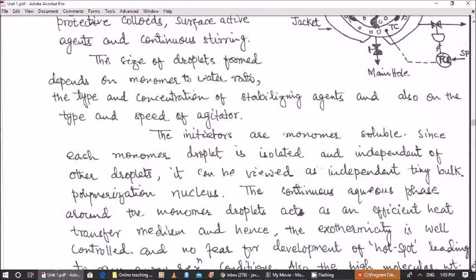Since each monomer droplet is isolated and independent of other droplets, it can be viewed as an independent tiny bulk polymerization nucleus.